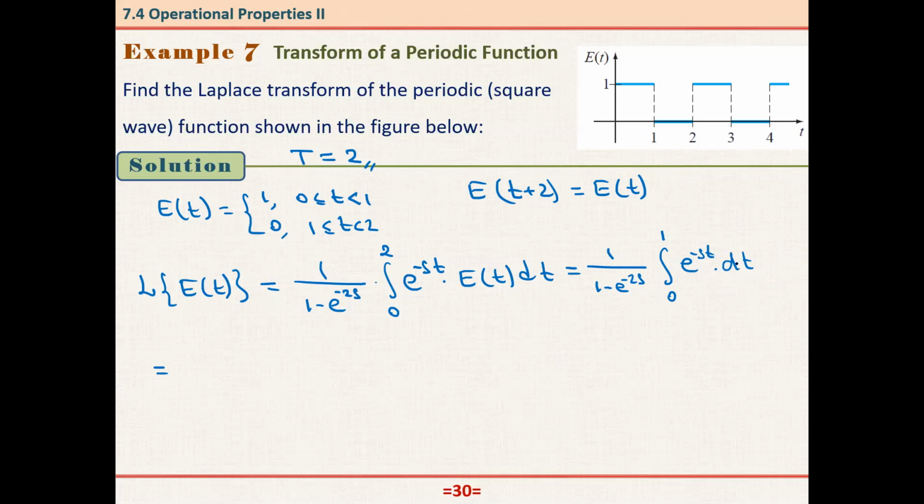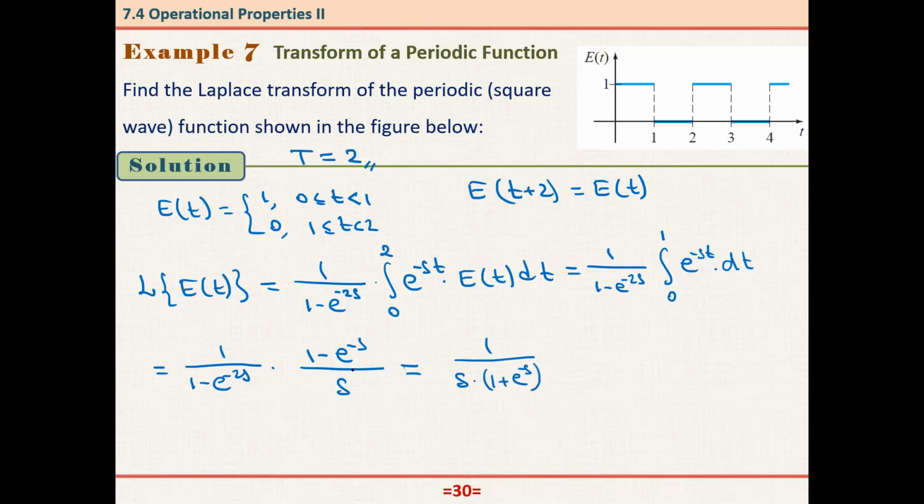It's just a simple integral, equal to 1 over 1 minus e to the power minus 2s, and if you evaluate this integral, that's 1 minus e to the power minus s over s, because this thing is equal to minus 1 over s times e to the power minus st from 0 to 1. I substitute 1 and 0 into the function and we get this. Or if you simplify, here we have 1 over s times 1 plus e to the power minus s.